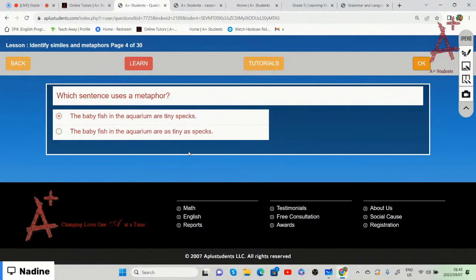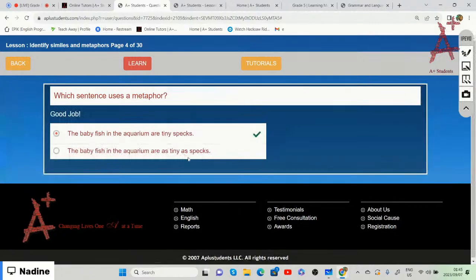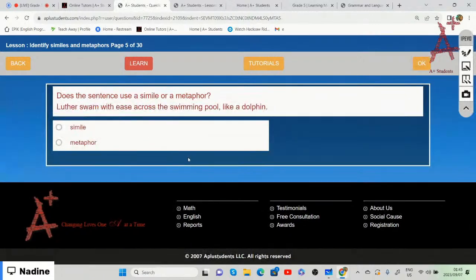Let's pick the first one, because remember, we are comparing. So it is tiny specks.